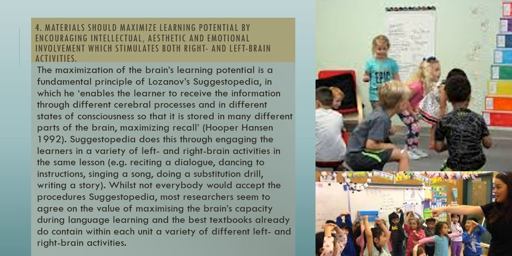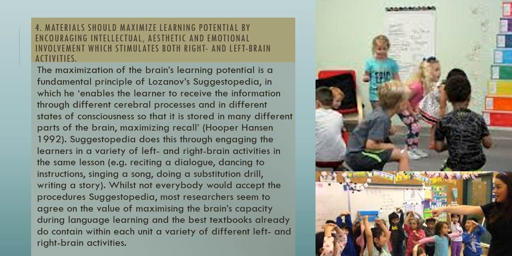Fourth, materials should maximize learning potential by encouraging intellectual, aesthetic, and emotional involvement, which stimulates both right and left brain activities. The maximization of the brain's learning potential is a fundamental principle of Suggestopedia, in which the learner receives information through different cerebral processes and in different states of consciousness, so that it is stored in many different parts of the brain.